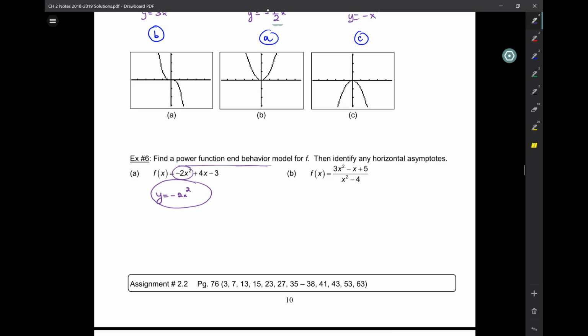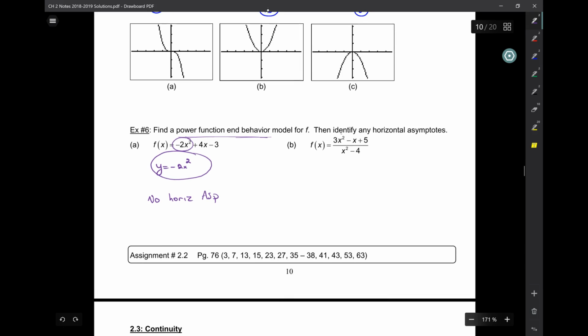No. No horizontal asymptote. Okay? Okay, and what about here? Y equals 3, and what's the horizontal asymptote? Horizontal asymptote is y equals 3. It's what that reduces to. Okay?